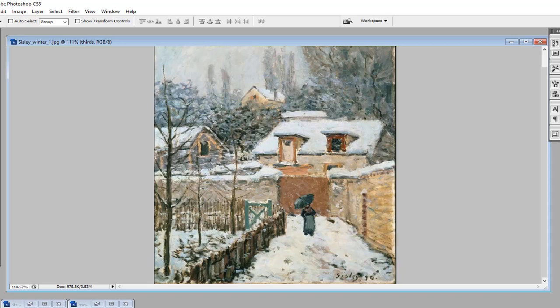So this first picture is from Alfred Sisley, and it is called Snow at Louveciennes, which I'm probably butchering the French pronunciation.